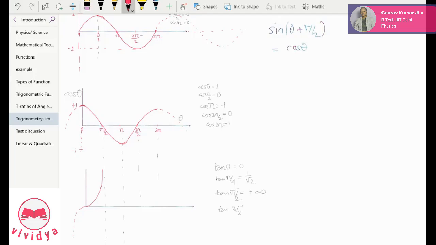Then in pi by 2 plus, meaning a little more than 90 degrees, which quadrant will it go in? It will go in the second quadrant. In the second quadrant tan is negative, right? So remember, tan pi by 2 plus is actually minus infinity. Very large, but very negative value.